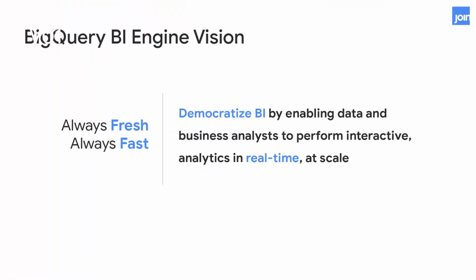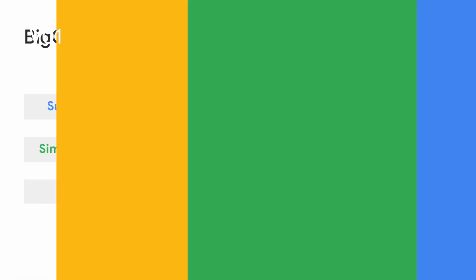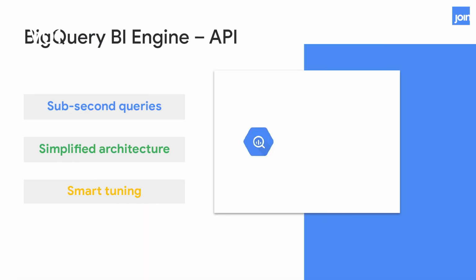If you have to do BI on fresh data, it's not fast. Our vision for BigQuery BI Engine is to not compromise between these two dimensions, to always provide fresh data fast. And there are three key value propositions for BigQuery BI Engine: sub-second queries, simplified architecture, and smart tuning. Let's go through each of them.